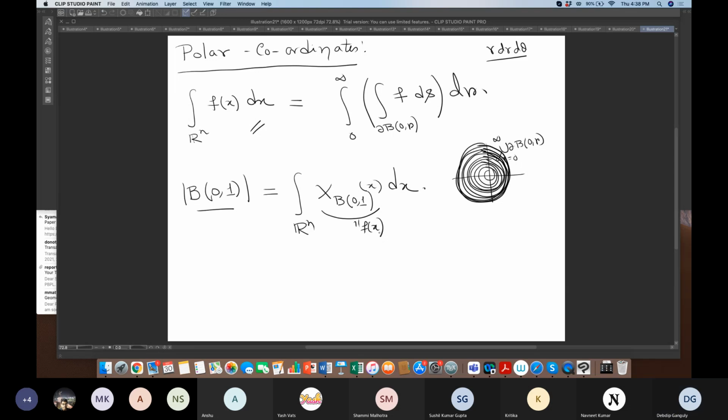Now I write the integral from 0 to infinity. Of course, you have to prove this equality for polar coordinates; you can prove it using Fubini and the change of variable formula.